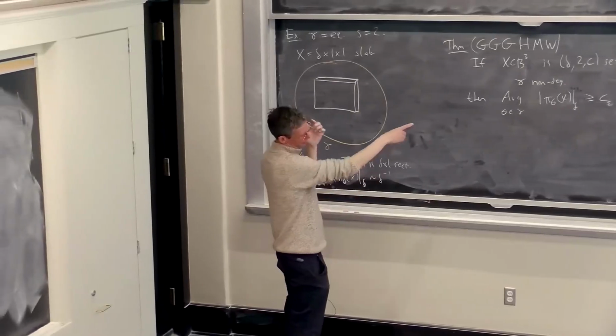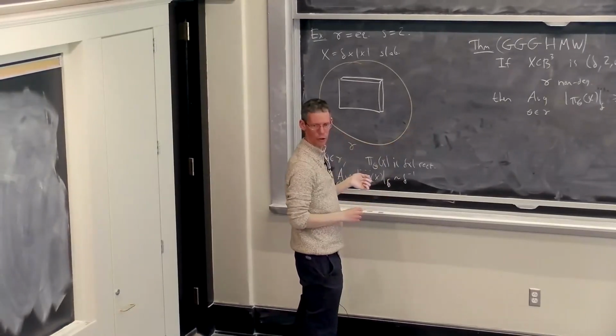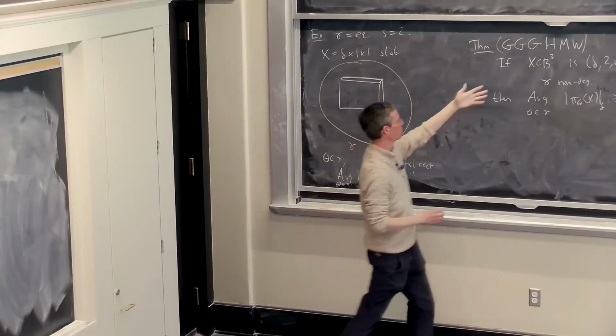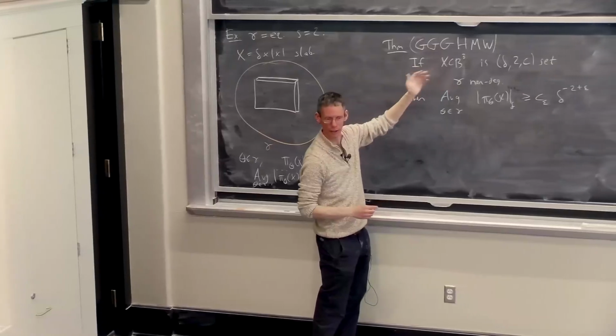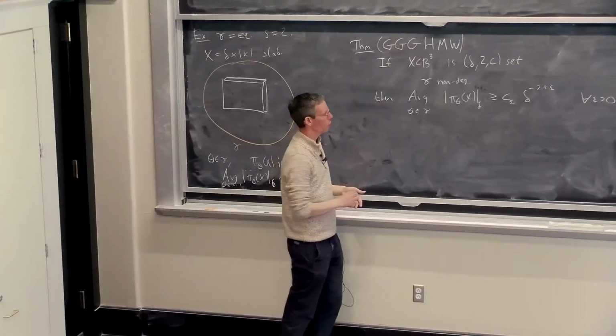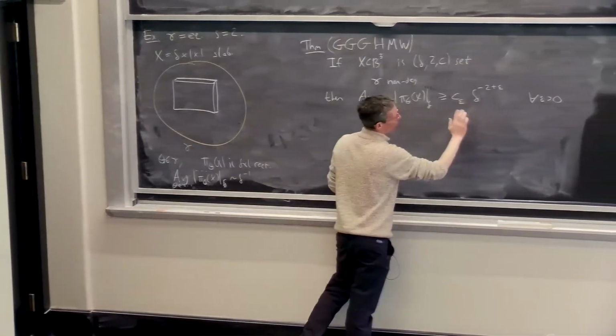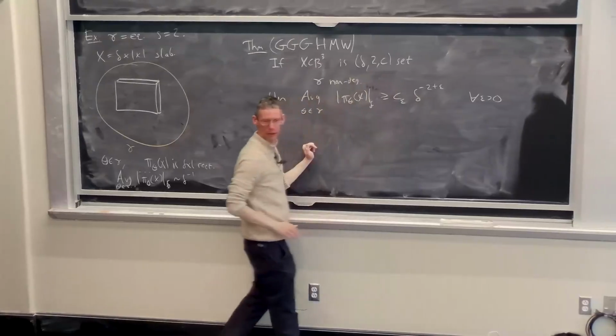The best thing you could hope for here is delta to the minus 2, because X itself probably has delta covering number delta to the minus 2. So up to small issues, this is the sharp theorem.